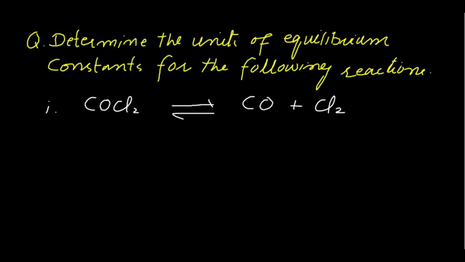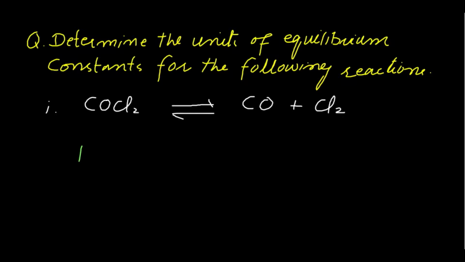Now students, we will see what next question is given to us. In the next question, we are asked to determine the unit of equilibrium constant for the following reactions. It means we are asked to determine the unit of Kc for these reactions. Now let's start. What is the first reaction? It is the decomposition of carbonyl chloride into carbon monoxide as well as chlorine.